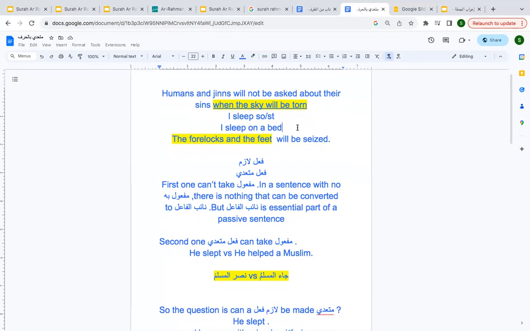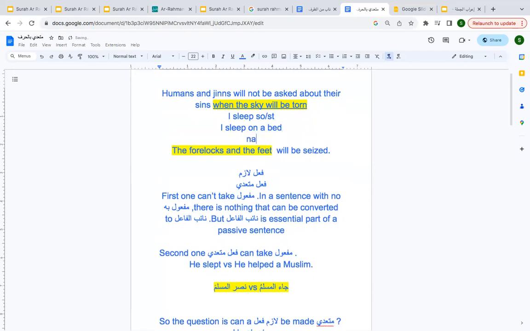Okay, the same. And what is your naibul fa'il? Is your naibul fa'il a doer? In actuality, what is your naibul fa'il? Let me spell it. It's a done to, right? So it is actually your maf'ul. Do you all agree that this was actually your done to, or a maf'ul in Arabic? But it is just taking the role of a fa'il.